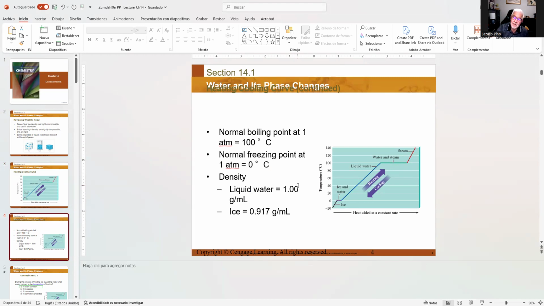The fact that the density of ice, the solid, is lower than the liquid is anomalous. And the reason why we have this anomalous behavior is because of the hydrogen bonds between the water molecules in the liquid state.